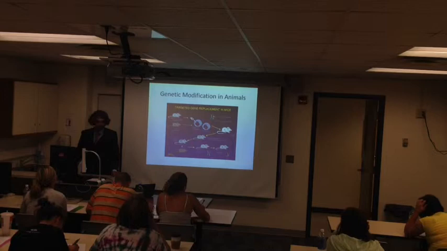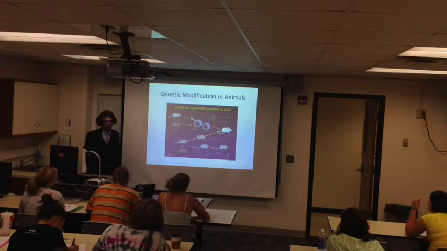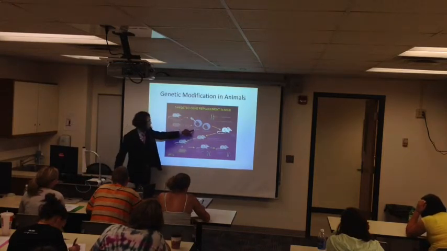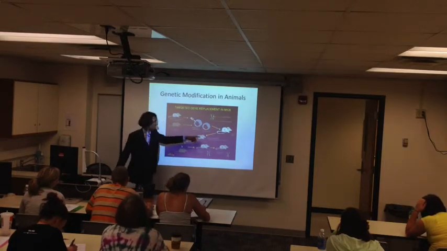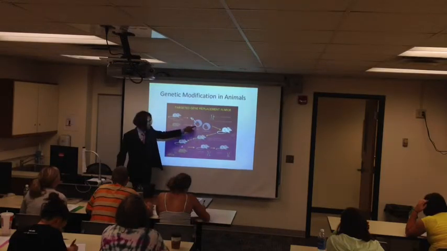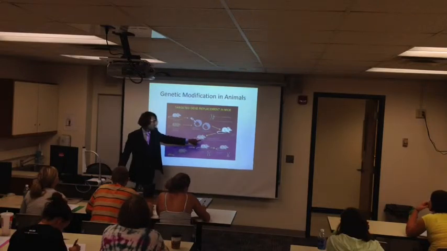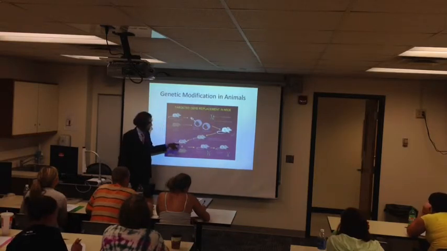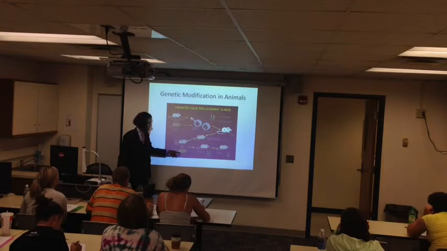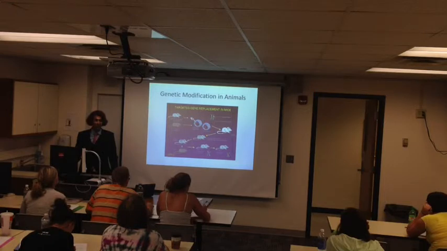You can identify a mutation that codes for a protein of interest, and you can insert it in the embryo in such a way that some of the cells, because the embryo has multiple cells, and this won't affect every single one, some of the cells in this chimera will have the desired altered genetic sequence, and then the mature chimera can reproduce. You make the mature chimera. The chimera here just means that the animal has both kinds of DNA. Some cells have one and some cells have the other.